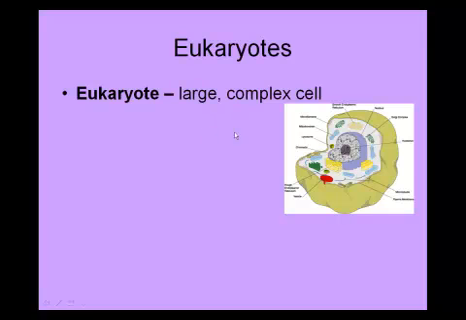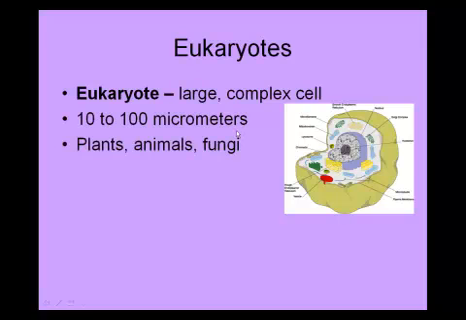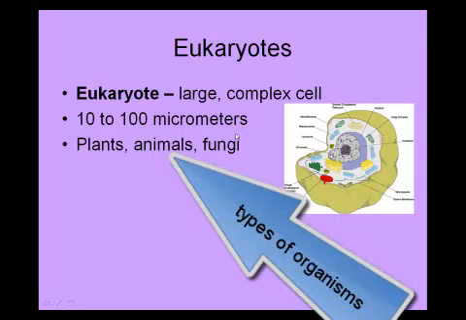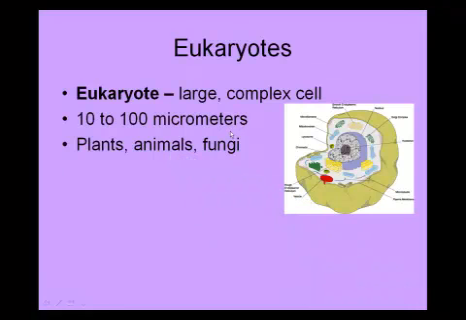A eukaryote is a larger, more complex cell, like 10 to 100 micrometers, but there can be bigger ones, as large as 1,000 micrometers. A chicken egg is a single cell, and that's 1.5 inches long. Eukaryotes include plants, animals, and fungi, so they're most of the organisms that you tend to think of when you think of things in biology.